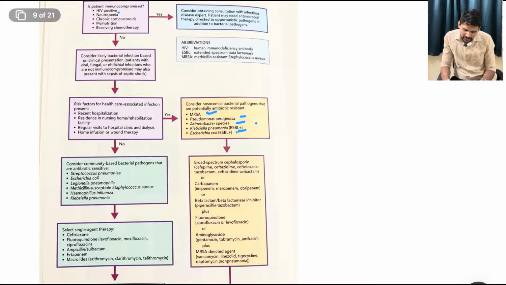If we are suspecting this possibility, we have to go ahead with broad spectrum antibiotics like broad spectrum cephalosporin such as ceftazidime, carbapenems, piperacillin tazobactam. All these things we have to utilize. So this is for the initiation. Always remember to give the antibiotic within the first hour of presentation, because every 1 hour delay will increase the mortality by 6%. So go ahead with the antibiotic.